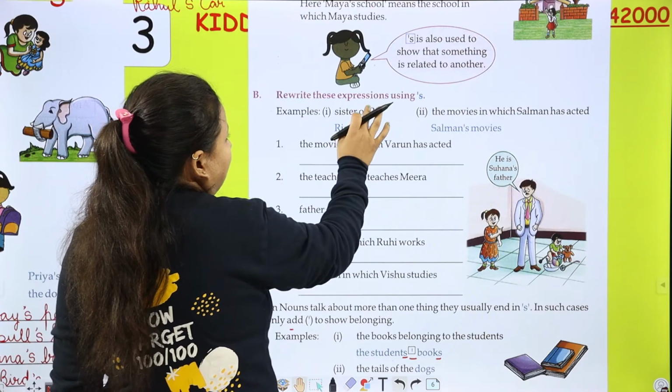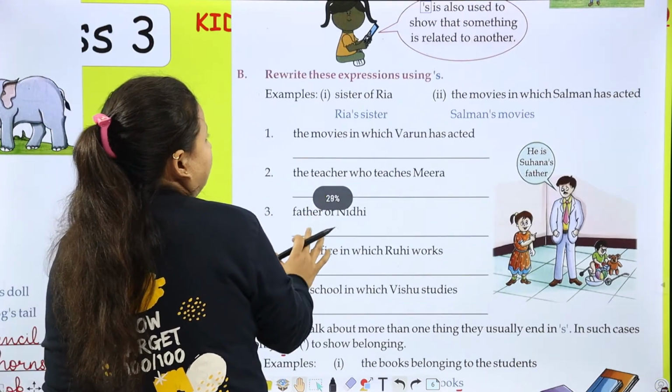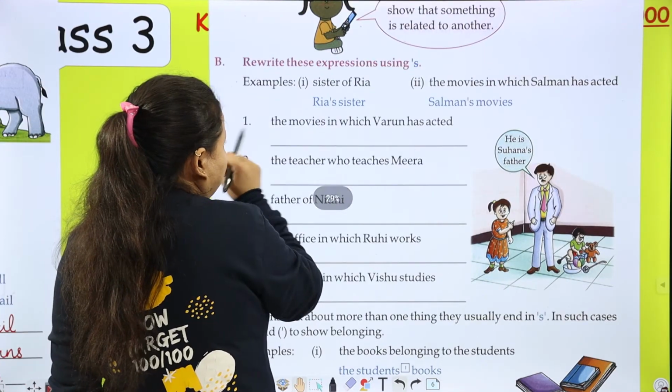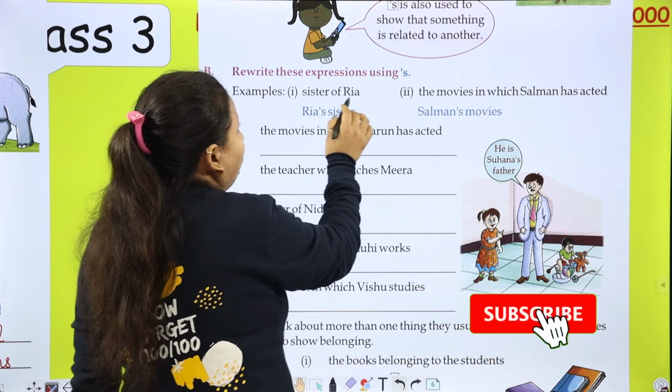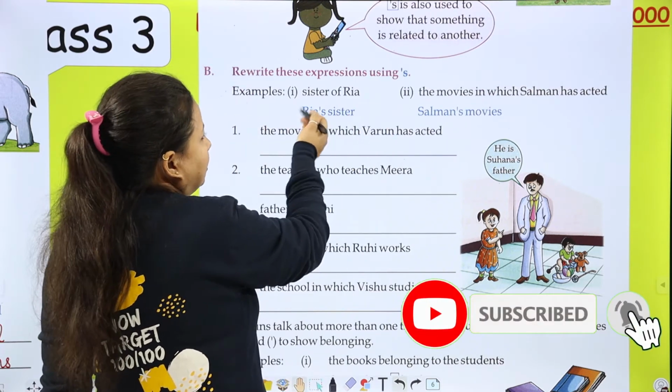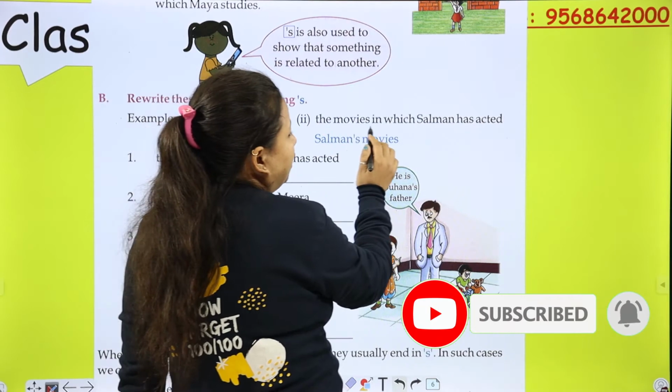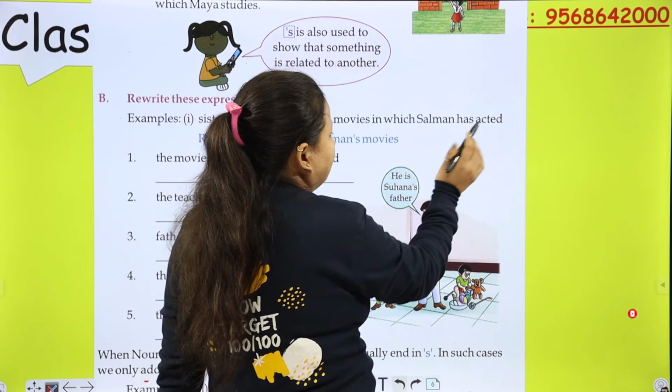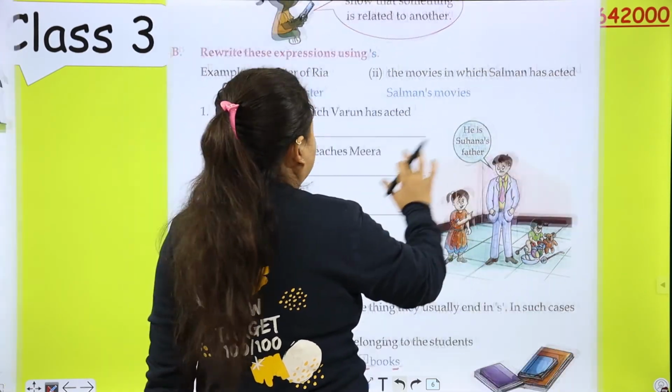Now rewrite these expressions using apostrophe S. Example, sister of Riya, so Riya's sister. The movies in which Salman has acted, so Salman's movies.